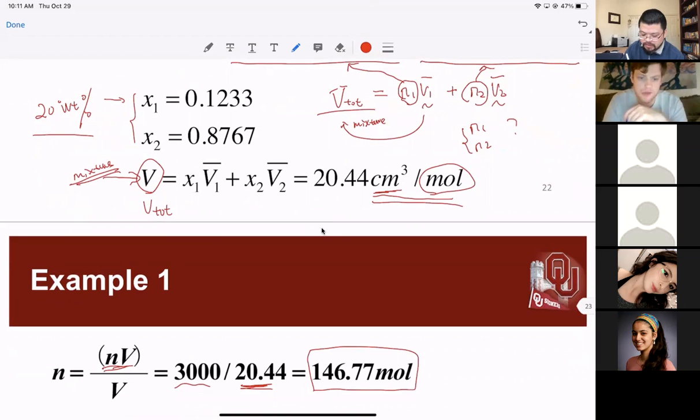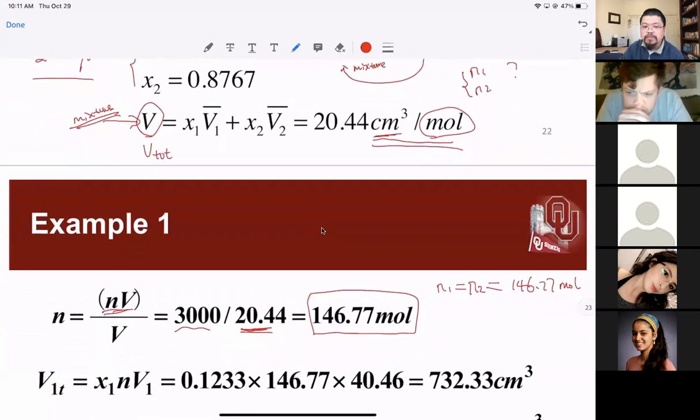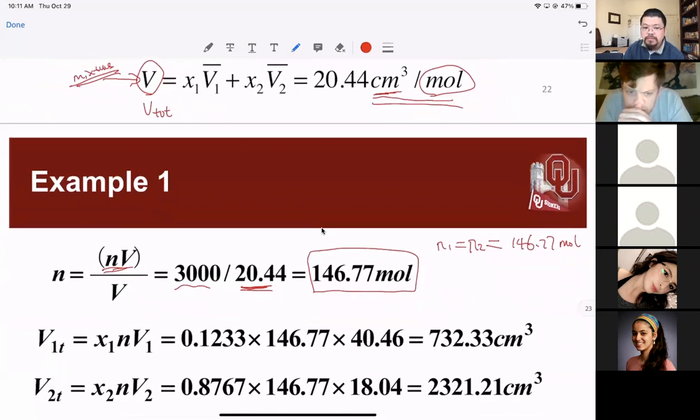All right. And this is N1, which is also N2. For both components, I shall have that many of mole in order to satisfy the requirement. So now I know the number of mole. I know the number of mole. I know the molar fraction.